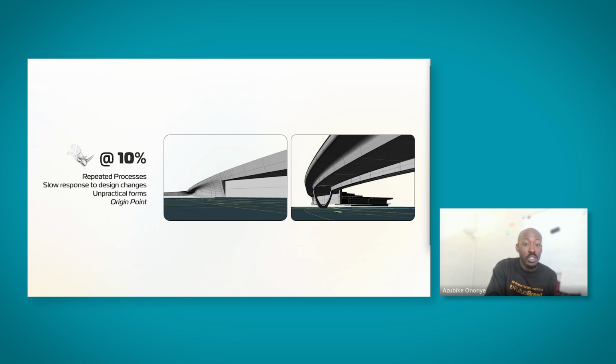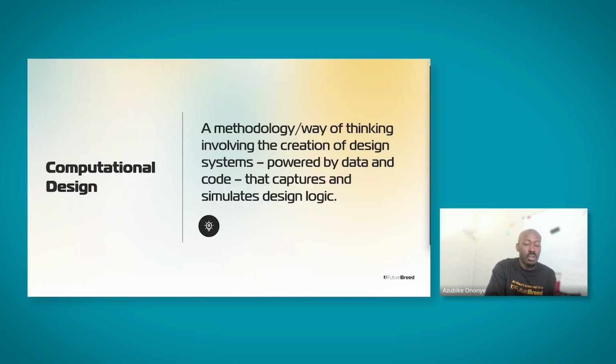But at this point, there was no Grasshopper involved, right? No computational thinking involved. So I told you I was going to define computational design, because at this point I recognized I had to deploy computational design on this project, computational thinking. And I think of it as a methodology, a way of thinking that involves the creation of design systems.